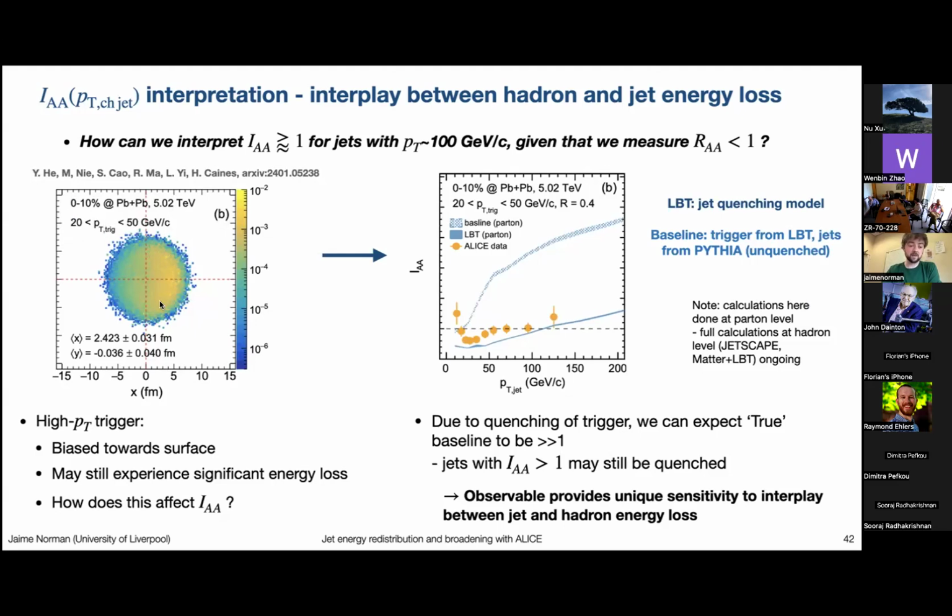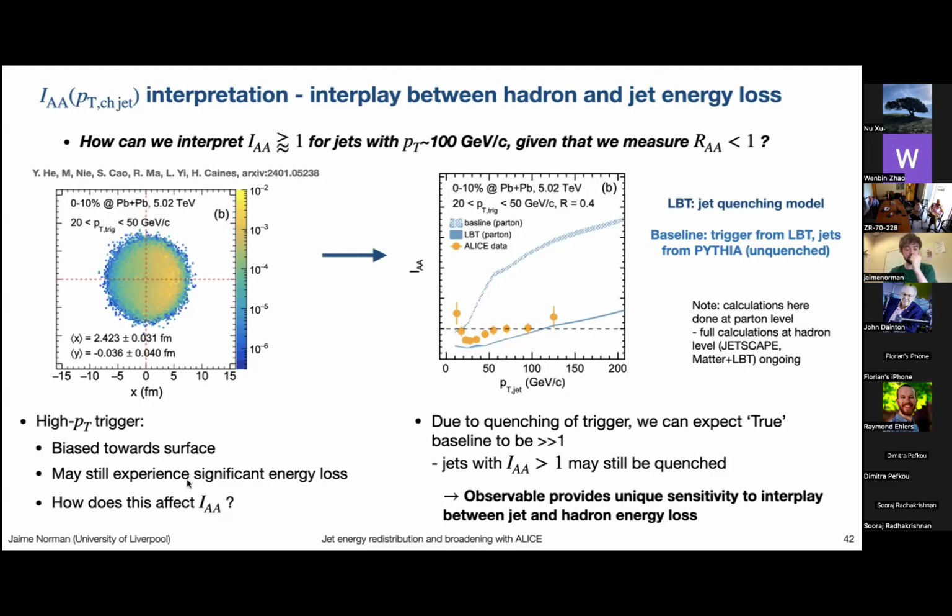This is the production vertex position of these high PT triggers, where we see the production is biased towards the surface of the collision, but there's still a significant population that are produced in the center, even on the other side of the collision.